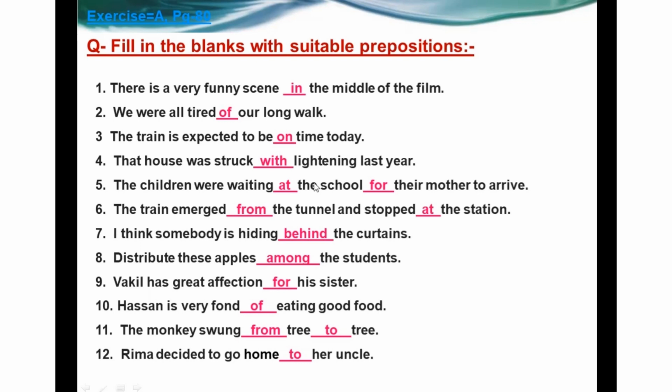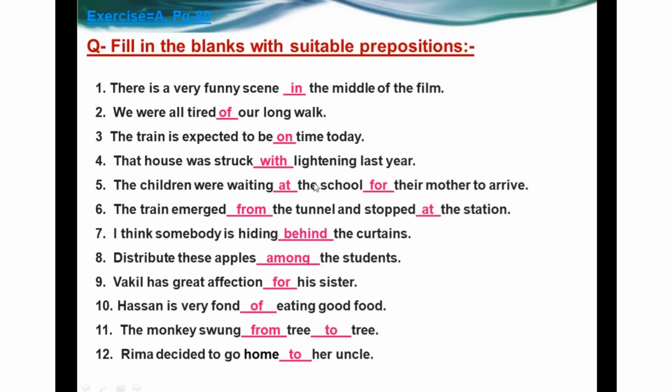For their mother to arrive. For whom were they waiting? For their mother, okay? For gives you an idea about for whom. They're waiting for what? For their mother to come, right students? I will read the whole line. What will it become? The children were waiting at the school for their mother to arrive, okay?